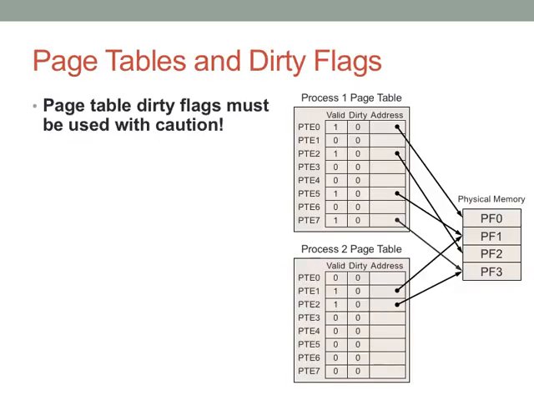Okay, dirty flags. Dirty flags can be tricky as well, primarily because of the issue of aliasing. You can have two virtual addresses that refer to the same page frame, and when they do, you need to think about which page table entries actually get updated.